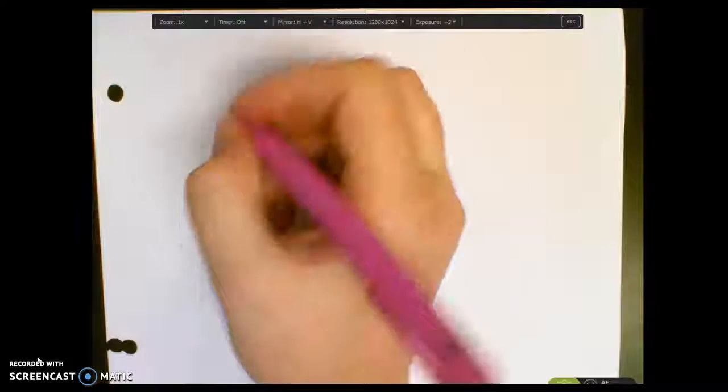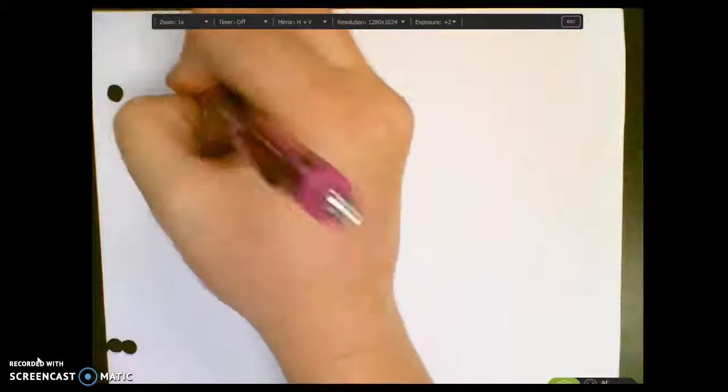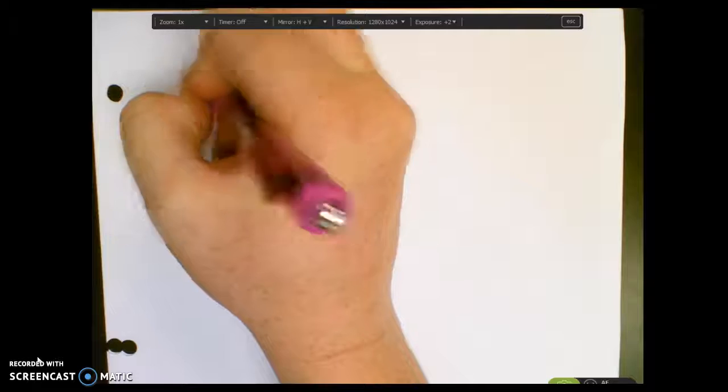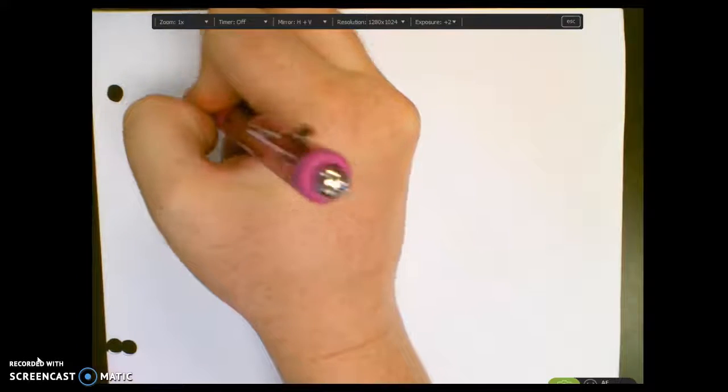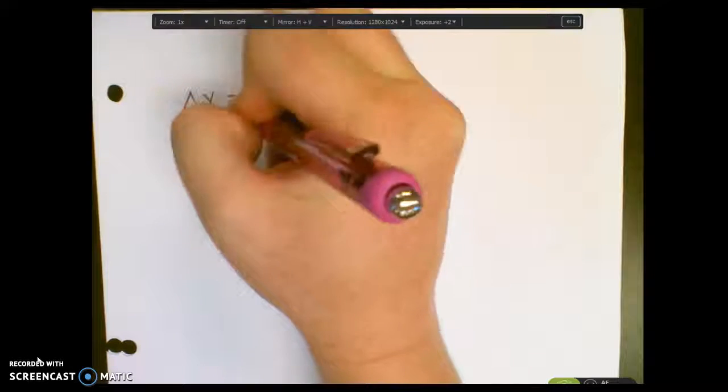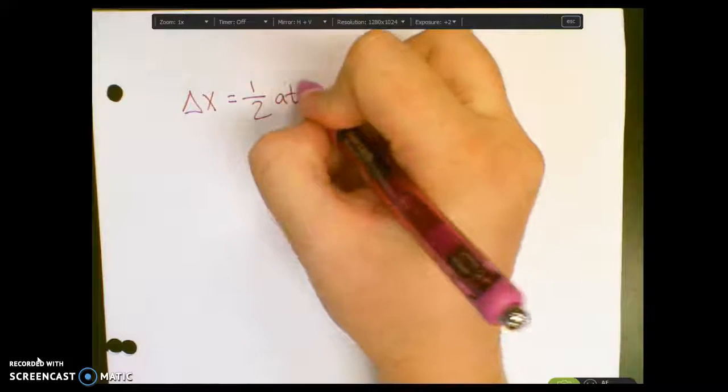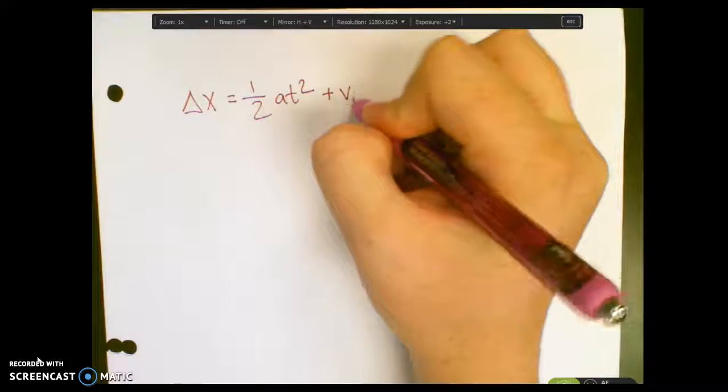Okay, next up I'm going to give you some equations that will help you solve acceleration problems, and this is basically going to be your toolbox of equations. Our mathematical model for acceleration is given by this. Our first equation is delta x equals 1/2 a t squared plus vi t.